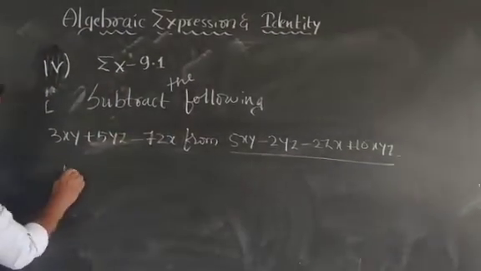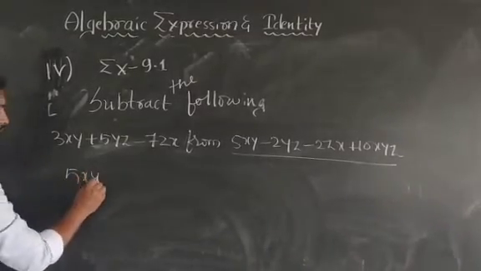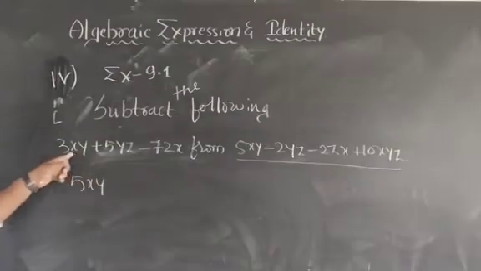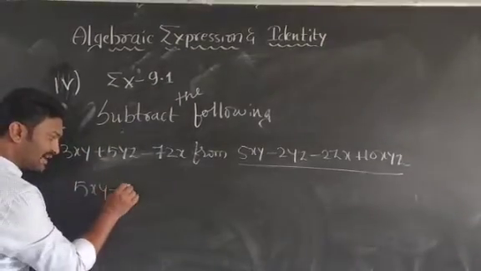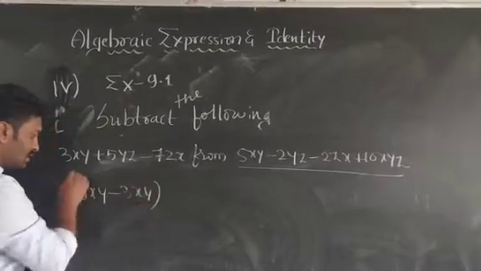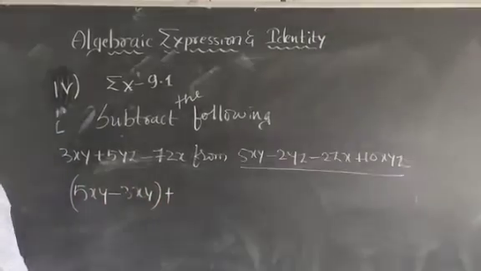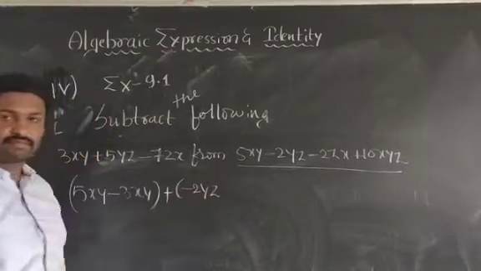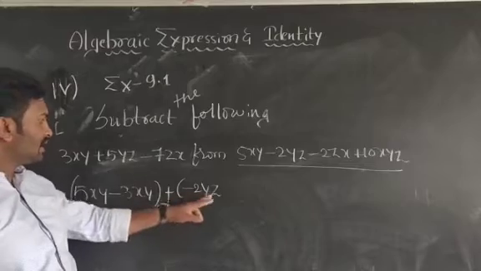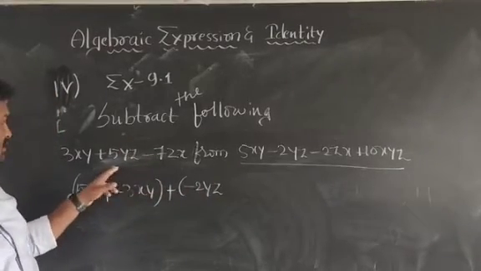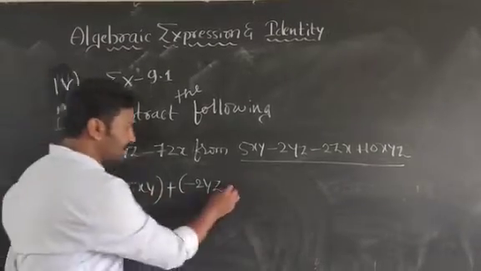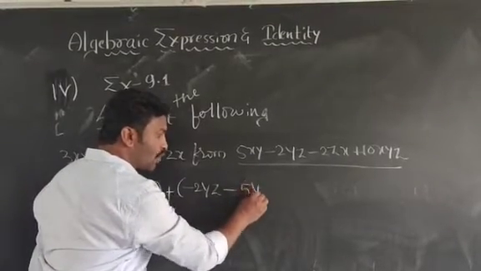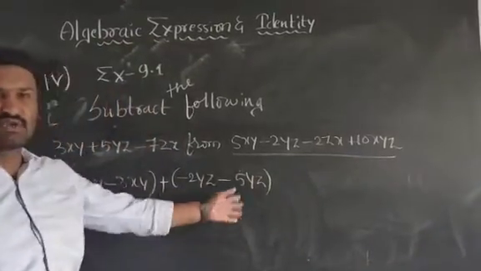Okay. First I will write 5xy. Here xy terms are there. Check. This is the xy term; subtraction, minus 3xy, grouped. And here minus 2yz. Here yz terms are there or not? You check. Plus 5yz, subtraction: plus into minus, minus only.